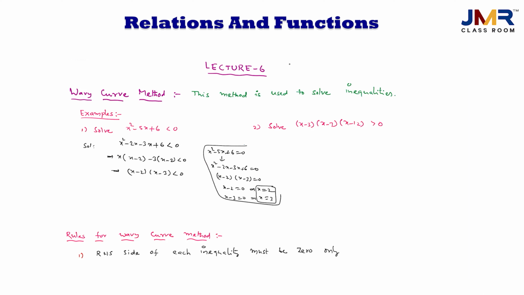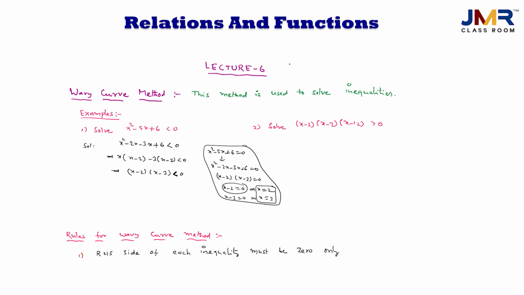Here we got (x minus 2) into (x minus 3) equals 0, then each factor is 0 and we get the values of x. Whereas here it is not equal to 0, it is less than 0. Less than 0, in the previous class we have already discussed, the open interval, closed interval related concept we need to use. But you have to find the values of x which satisfy the given inequation.